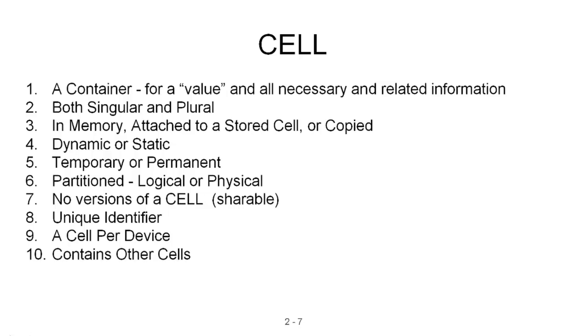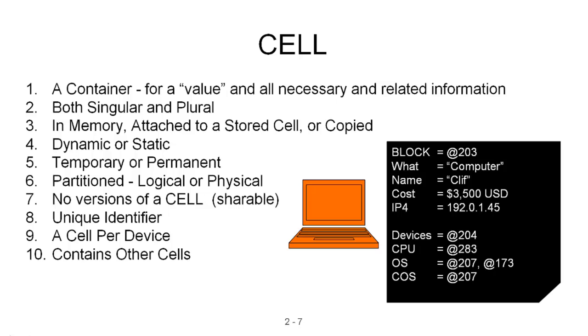Cells can contain other cells. So it's a folder, if you wish. So it's both a container and a directory. So we have a computer, and what we'll do is attach a cell to it that gives us all the information that we want to know. Some of the information would be, what is this? Is this cell relating to a computer or to a mouse or an application?